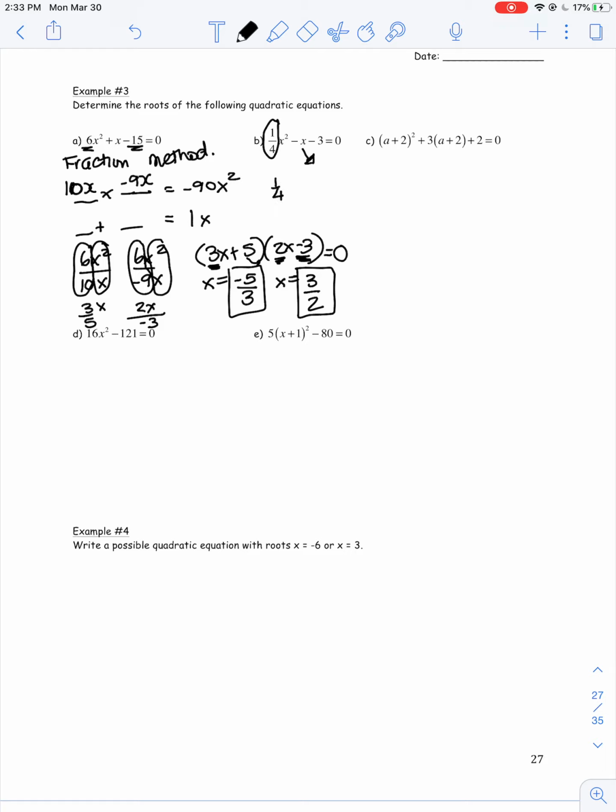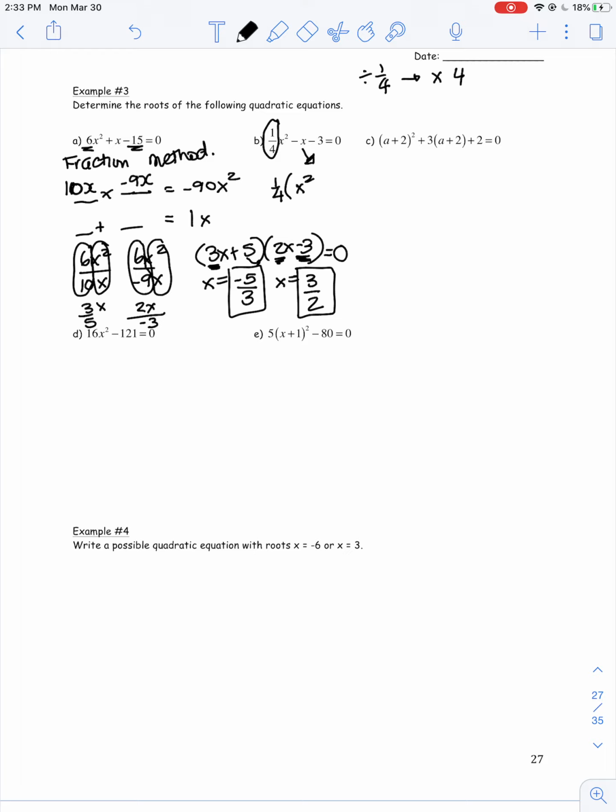Question B, we want to factor out the 1/4. We don't like fractions, so we like to take them out by dividing everything by 1/4. A trick to that is we're going to multiply by the reciprocal, which is the flip of that number. So instead of dividing by 1/4, we're going to multiply by just 4.